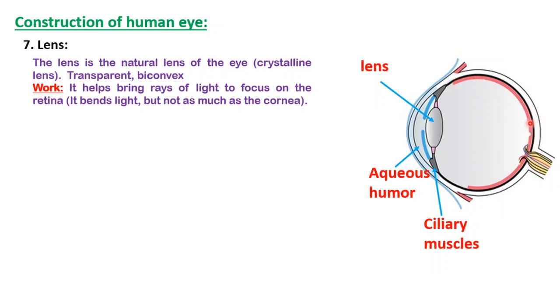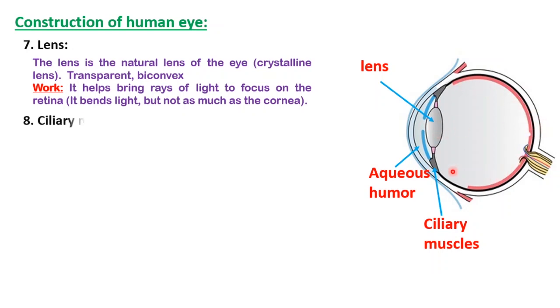Clear? So it helps in image formation. I have already told that most of the light is converged by the cornea, but when it strikes the lens, it forms the image on the retina.